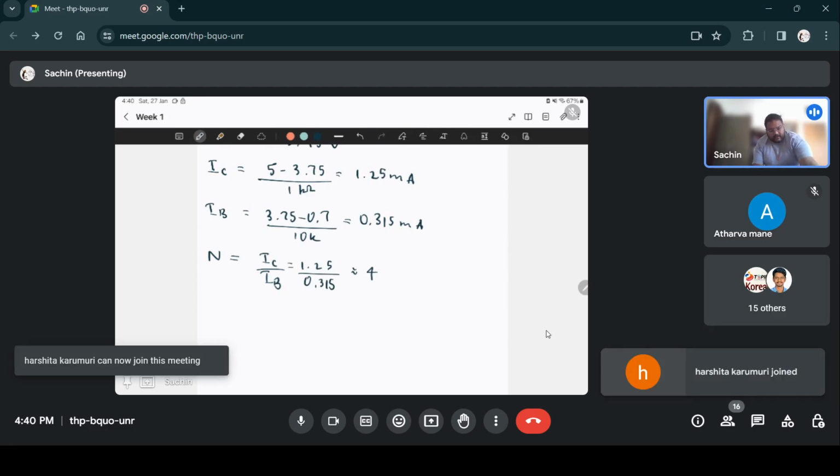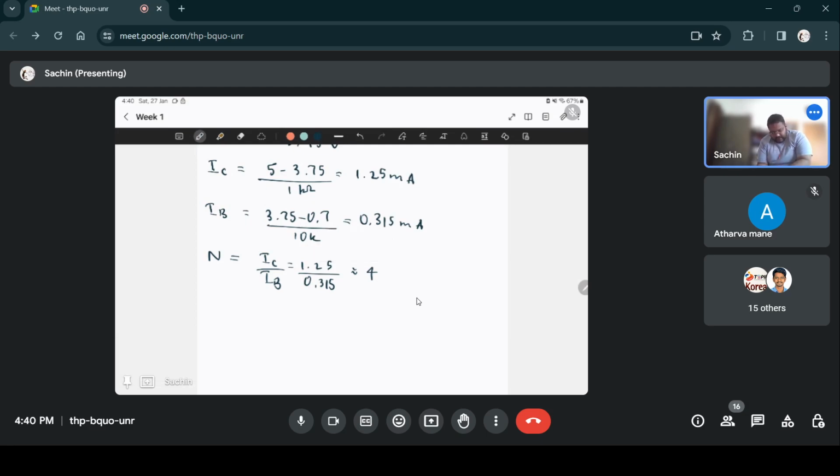It will be a little more than 4, but the number of transistors is an integer, so you can't have 4.1 or 4.2 or anything like that. So you actually have to do a floor function of this. So this will be something like 4.09. The floor of that is 4.